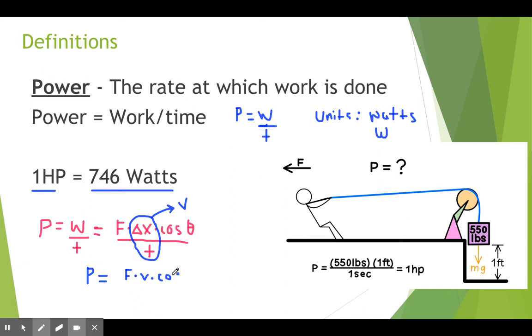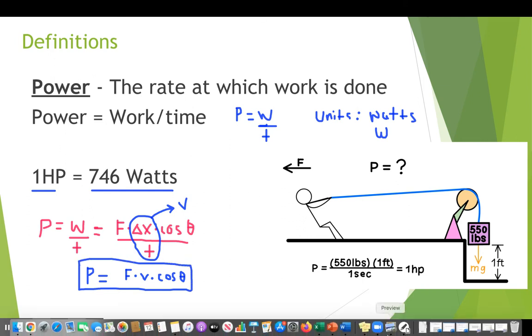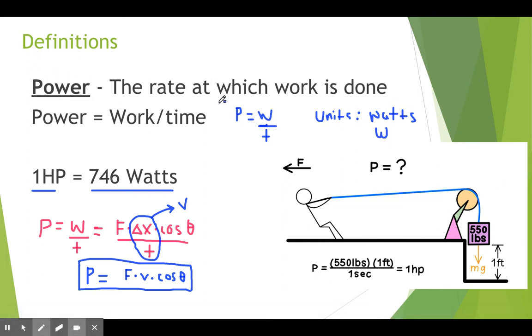If you have the velocity and the force, we can also find power as well. But power is defined as the rate at which work is done. So here are two expressions for power.